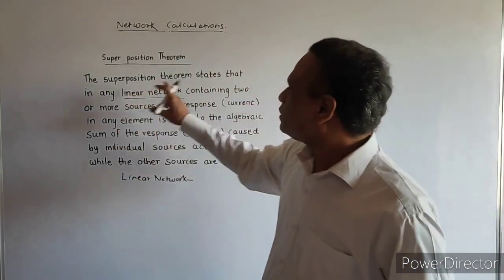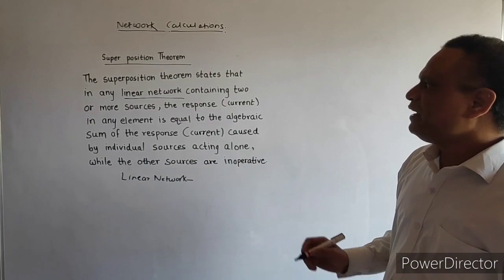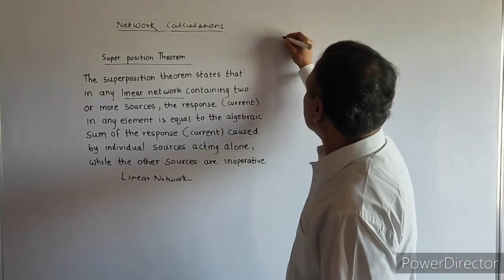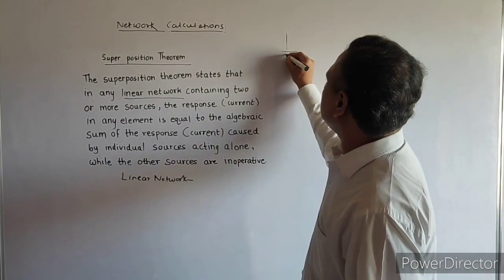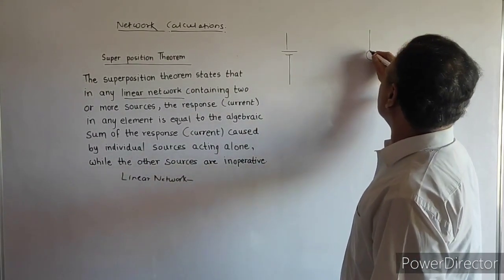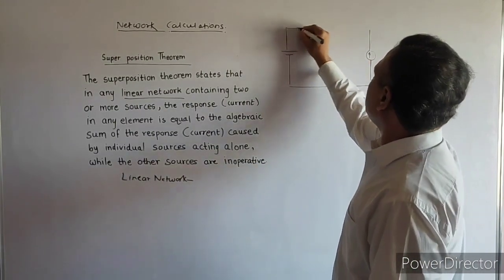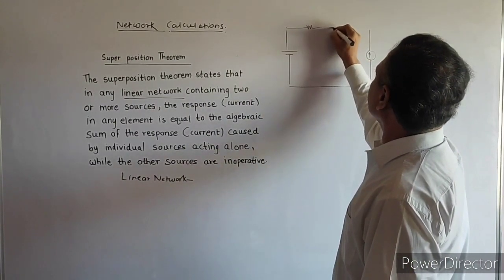Now the superposition theorem states that in any linear network containing two or more sources, so let us say this is one source, a voltage source, and this is a current source, and these are the elements.